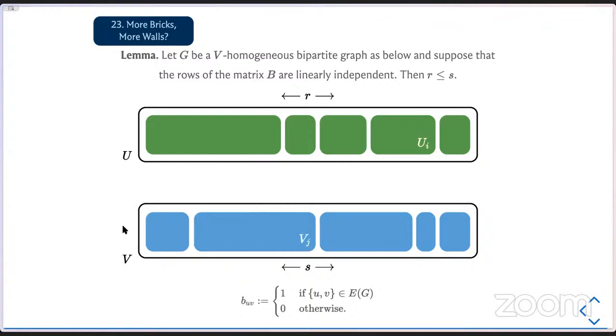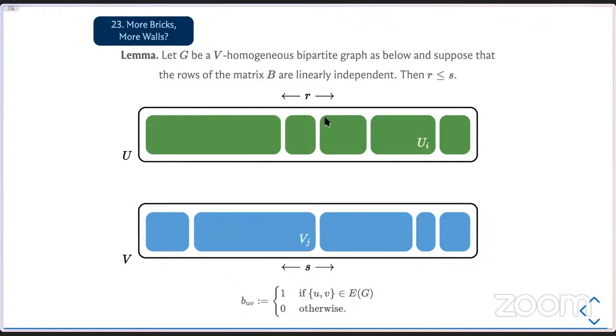So for us, V was like L, where it was all the L-sized subsets, and U was like K, all the K-sized subsets. So on top we have the n-choose K space, and at the bottom we have the n-choose L space. The wall equivalence partitions the n-choose K space into R parts, and the n-choose L space into S parts.